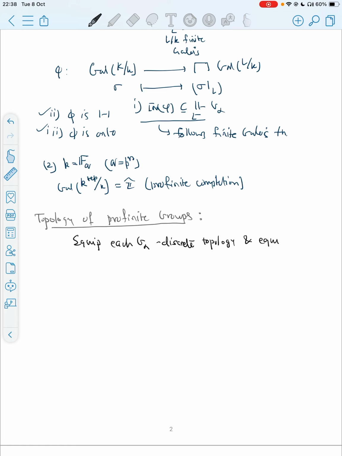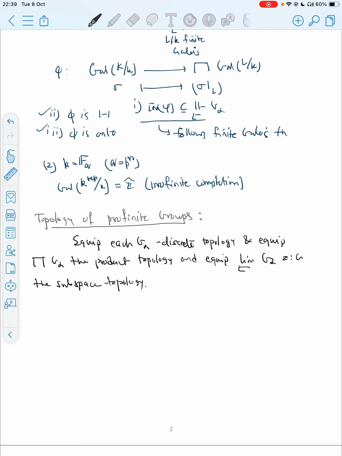And equip this direct product of G_L with the product topology, and equip this inverse limit, which is the group G, with the subspace topology, right? Because the inverse limit is indeed a subset of this direct product. So in this way, you can induce a topology on the inverse limit.